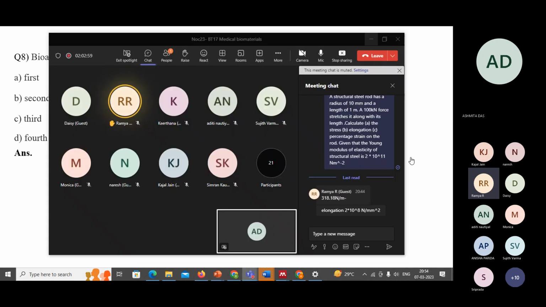First generation is bioinertness. Second generation is bioactive, bioceramics and polymers. Third is regenerative tissues and nanocomposites. And fourth generation is tissue engineering and scaffolds.